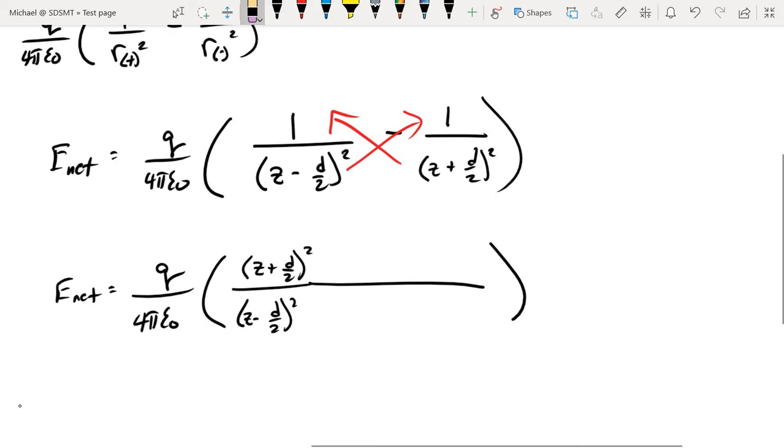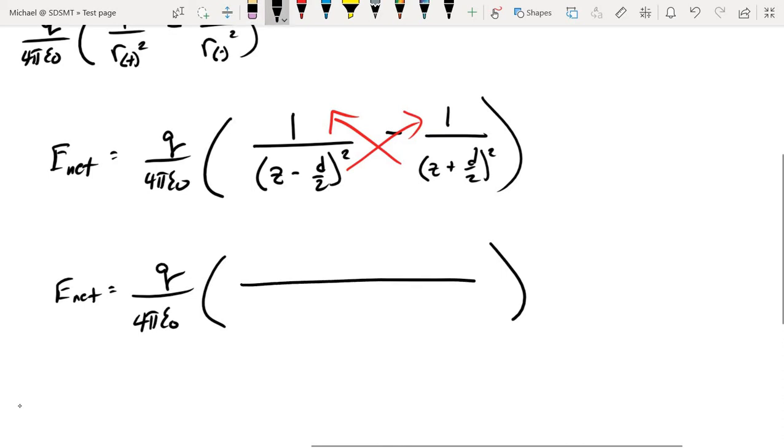Actually, I'm just going to jump to the end result of combining these two. So we're going to have Z plus D over 2 squared minus Z minus D over 2 squared, all over the product of the two, which is now the common denominator.